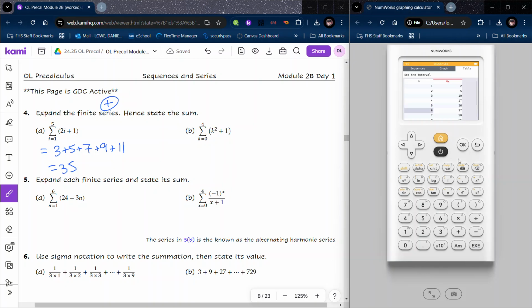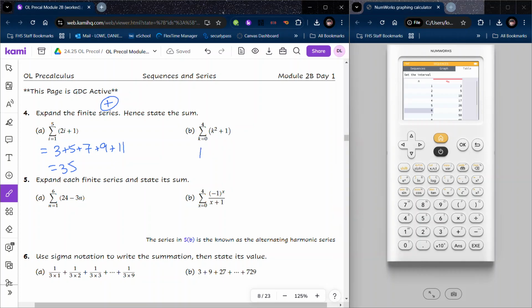So we do have to think a little bit. If k is 0, I'm going to have 0 plus 1, which is 1. So this is going to be 1 plus 2 plus 5 plus 10 plus 17. I want all the way to k is 4, and so that works for k is 4.